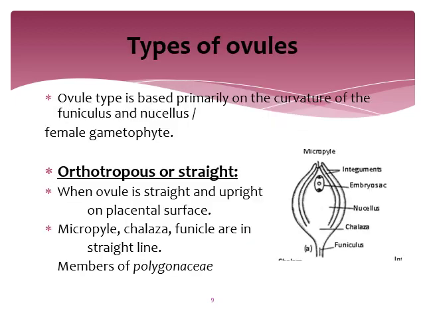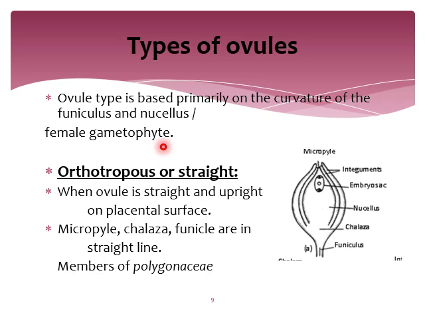So this was all about the parts of the ovule. Now we are going to discuss types of ovule. Ovule type is primarily based on the curvature or bending of the funicle and nucellus.